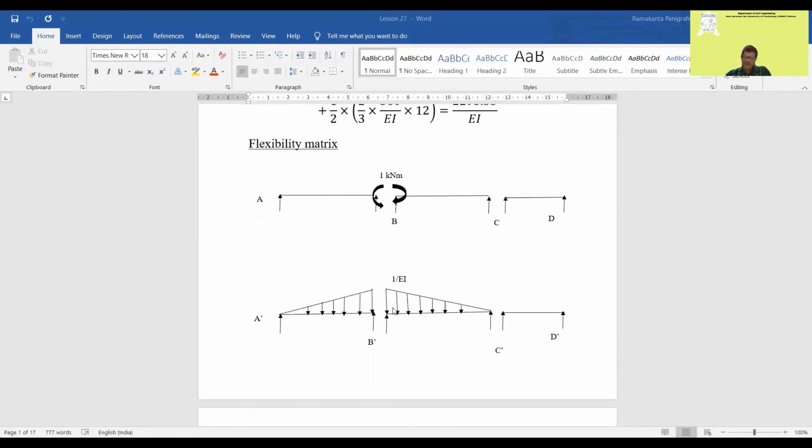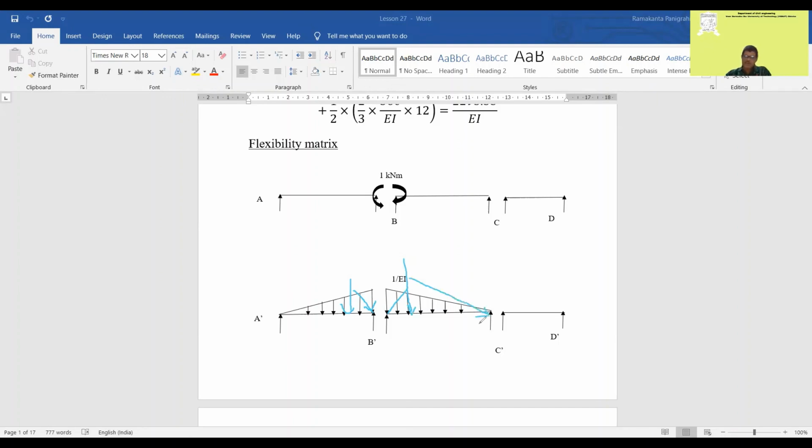The rotation at B dash will be equal to the reaction at B dash due to load on span A dash B dash plus the reaction at B dash due to load on B dash C dash, and the rotation at C dash will be equal to only the load coming from here. Now, as we have discussed, the total load is equal to half base into height, and here 2/3 will come here. Here also the total 2/3 will come here. The span is different. Now from the total load 1/3 will come to this side.